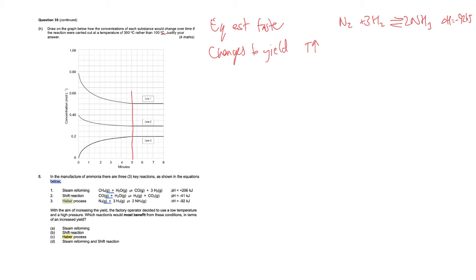If that happens, then a temperature increase results in an endo being favored, which happens to be the reverse, which means that you're going to have more reactants and less products. Okay, so if you have more reactants and less products, that means this line here has to go up, this line here has to go down, up, and this one has to go down. Okay, remember that you also have to take into account stoichiometry.